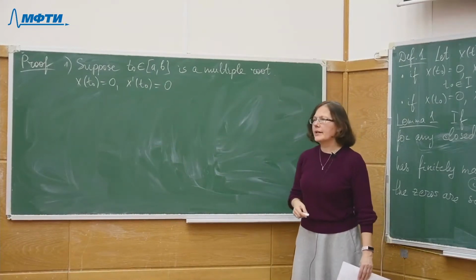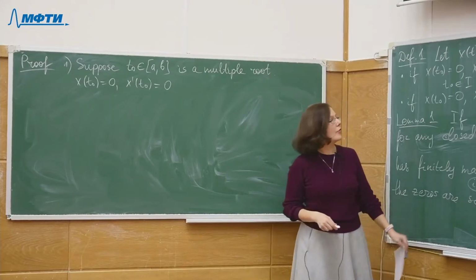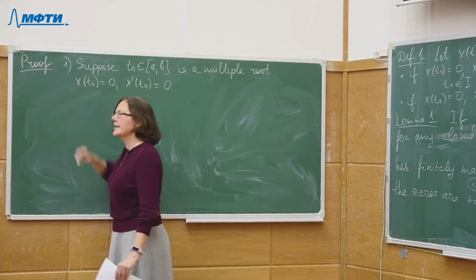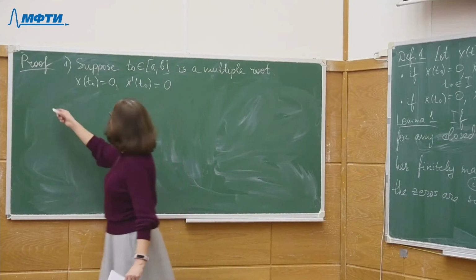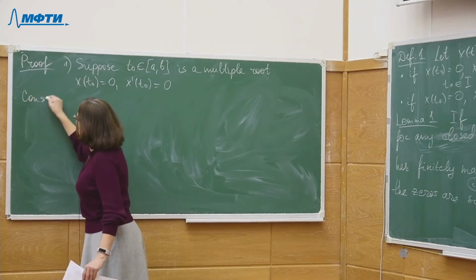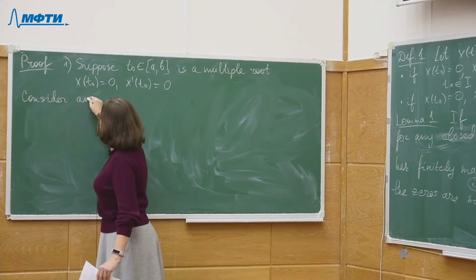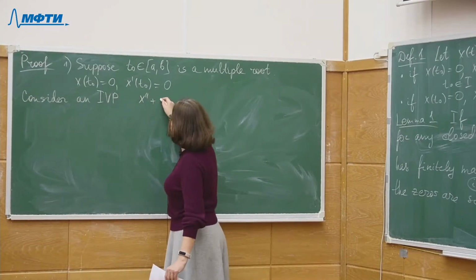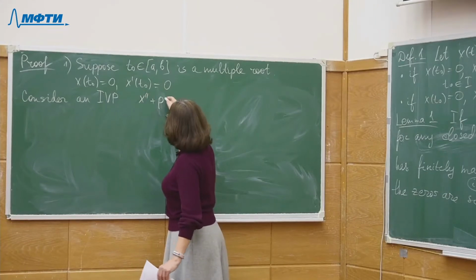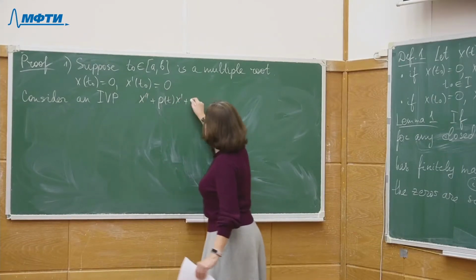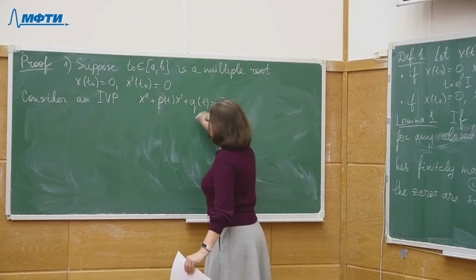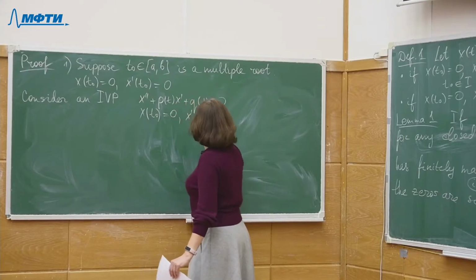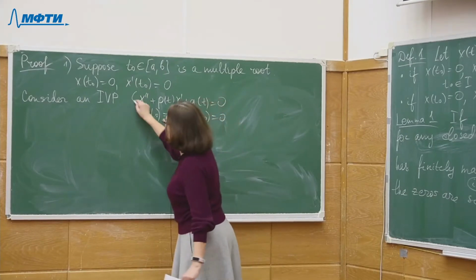But we remember that x of t is a solution of equation 1, and so we can consider an initial value problem: x double prime plus p of t x prime plus q of t x equals 0, and x of t0 equals 0 and x prime of t0 equals 0. This is an initial value problem.